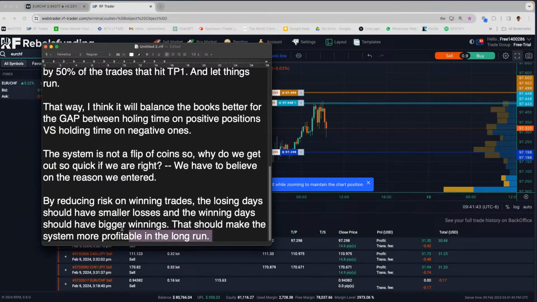That should make the system more profitable in the long run. Let's try. Because I'm not so happy with making very consistently 0.10, but if things go wrong someday because we are not perfect, we lose the work of 10 days, right? So let's see what happens.